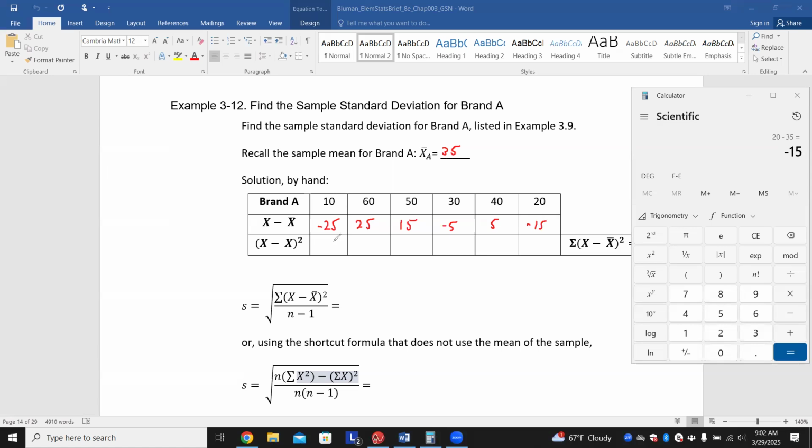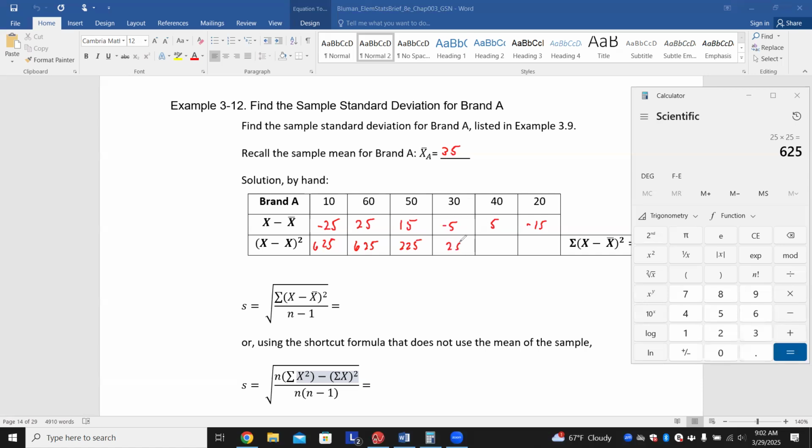Now we're just going to square these numbers. So negative 25 squared is actually 625. Don't believe me? Do 25 times 25. Also note, anytime you're squaring these numbers, you should get nothing but positive numbers. Anything squared is always positive. So this right here would also be 625. This would be 225.